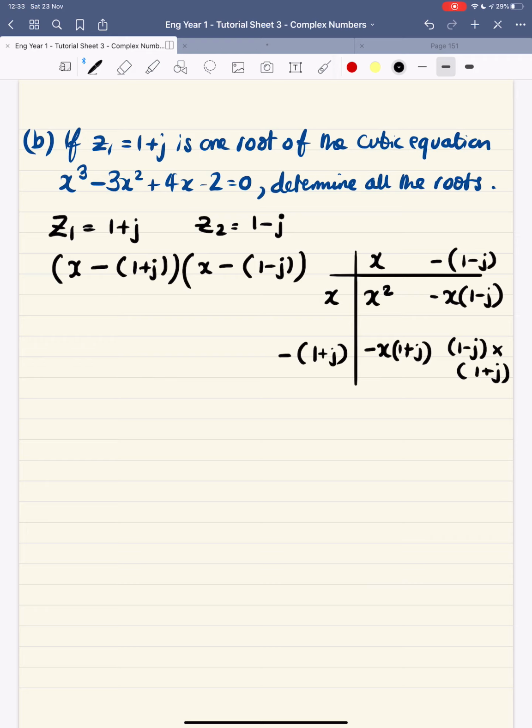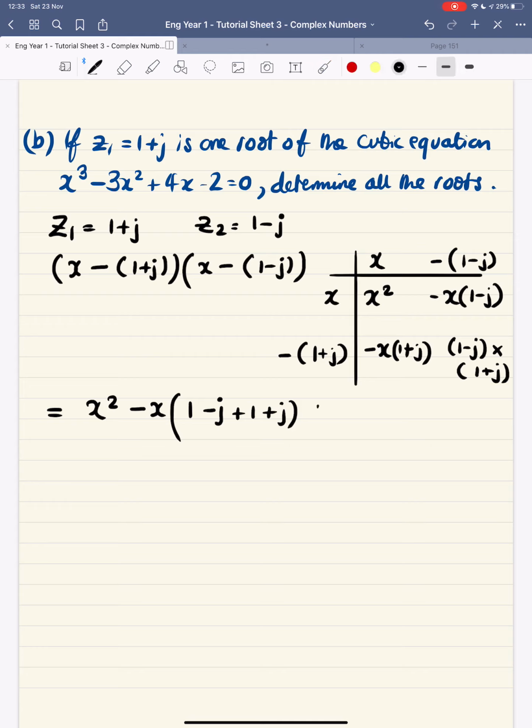So when we multiply these together, we're going to get x squared and then minus x times 1 minus j plus 1 plus j. That's the minus x come outside the bracket there.